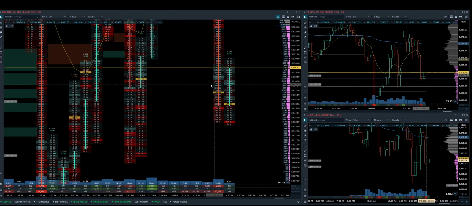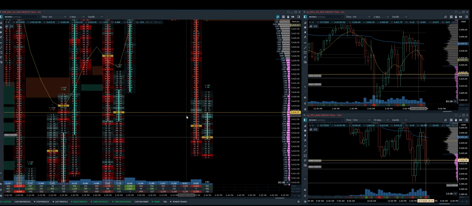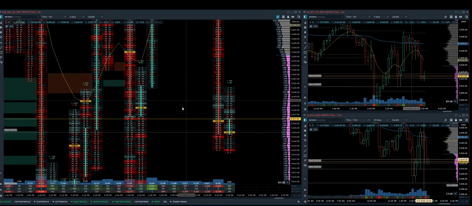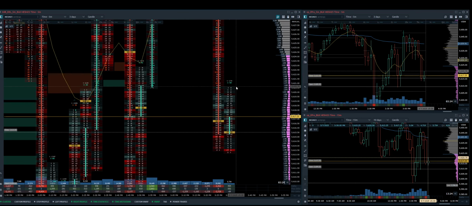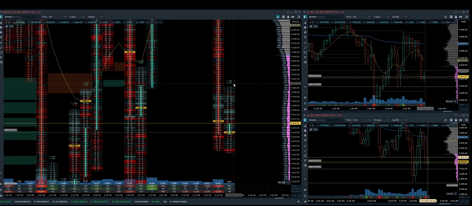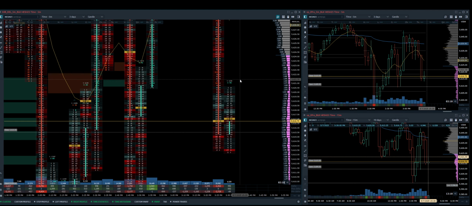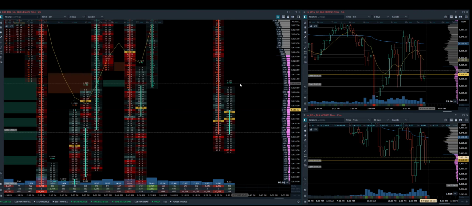So I just took a loss. No FOMO. Continue. See if delta is dropping. Delta's about the same. Just got a lot more volume in here.